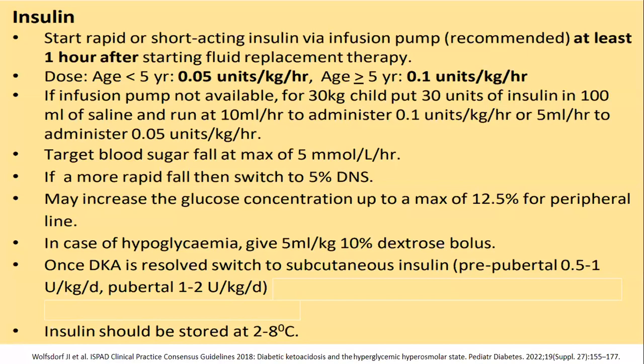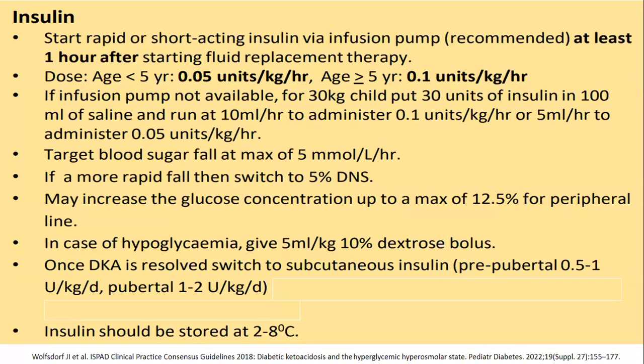Target blood sugar fall at maximum should be 5 millimoles per liter. And if there is a more rapid fall, then you need to switch to 5% dextrose. You may increase the glucose concentration up to a maximum of 12.5% if you're using a peripheral line. And in case of hypoglycemia, you manage it the way we manage other children, 5 mL per kg of 10% dextrose bolus, unless it's a neonate.